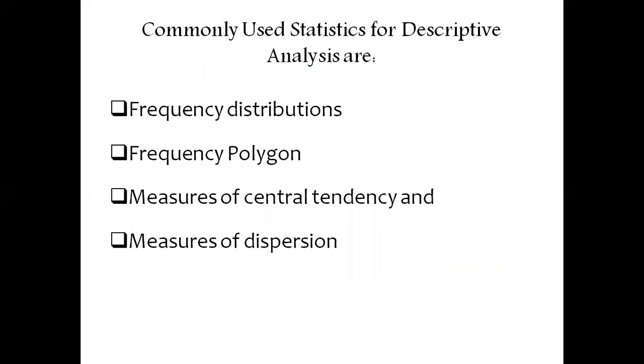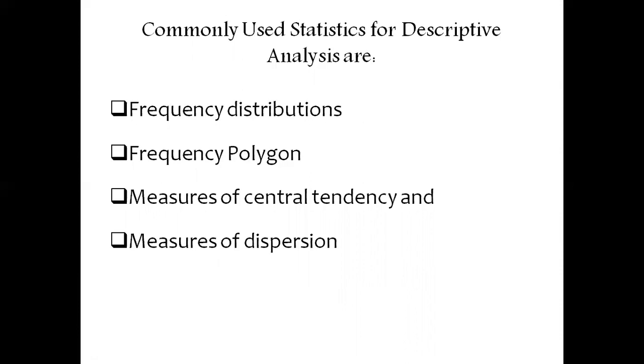The commonly used statistics for descriptive analysis are the frequency distribution, frequency polygon, measures of central tendency like mean, median, mode, measures of dispersion, standard deviation, and so on and so forth. These are the things which we're going to learn in the later stage.